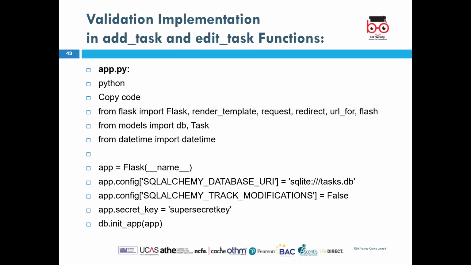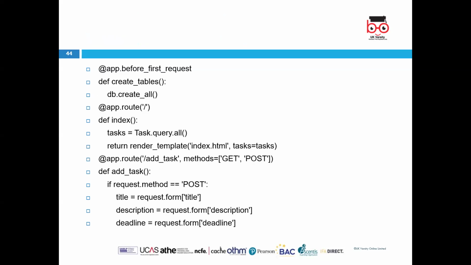Validation implementation. So we have now our function, which allows us to perform our validation. And here's the code where we define our tables, where we're going to create our tables. We're now going to define our index and also again add task.